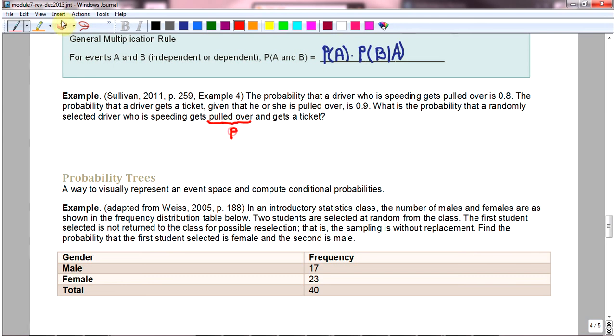I'm not going to use a P because we don't want that to get confused with our probability. I'm going to let U represent pulled over, and let's let T represent that they get a ticket. Okay, so we're looking for the probability that both happen.